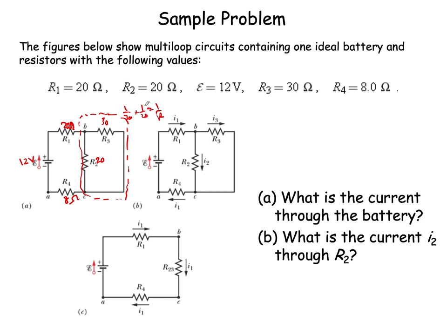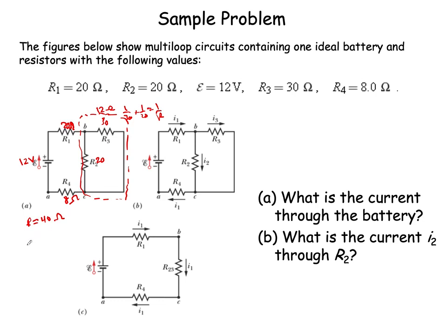So 2 over 60 plus 3 over 60 gives us 5 over 60, or 12 ohms. So the total here should be just 12 ohms. And if you can look at this, we've got 20 ohms in series with this whole mess, in series with this. So the total resistance for this first circuit is 40 ohms. Just 20 plus 12 plus 8.